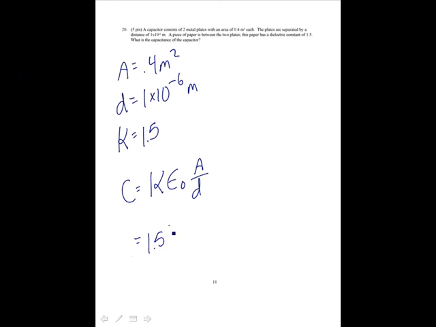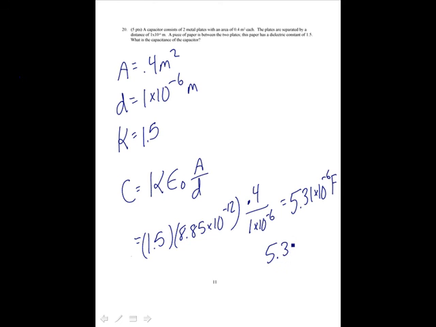That's 1.5 times 8.85 times 10 to the minus 12, that's epsilon naught, the permittivity of free space, times 0.4 over 1 times 10 to the minus 6, which gives me 5.31 times 10 to the minus 6 farads, or 5.31 microfarads.